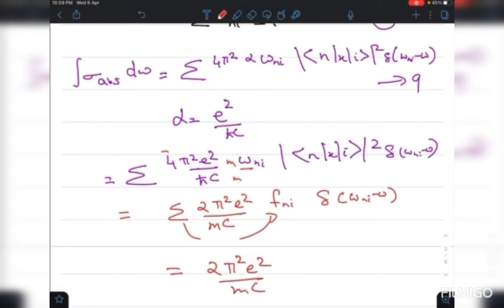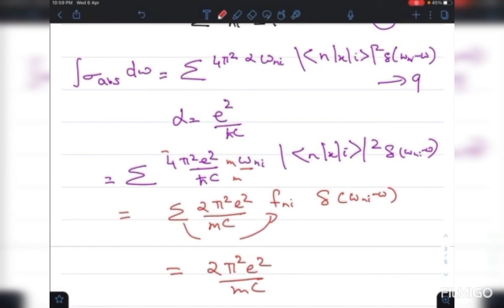So I can write this equation again as 2 pi square e square by mc into mc. So you can say that here delta omega ni, you know, what is delta omega ni? It's a Dirac delta function and it is equal to 1 only if they are equal. So I can very well write this equation as 2 pi square e square by m into c.